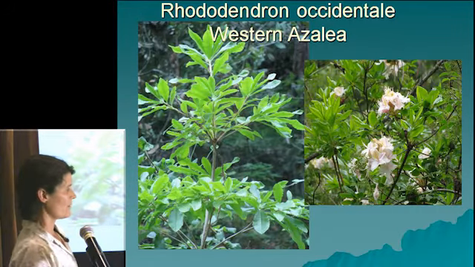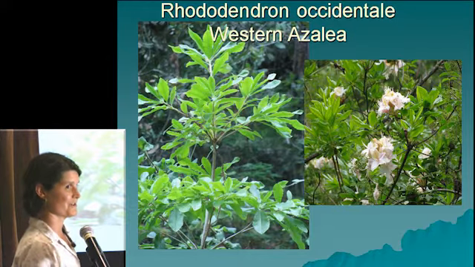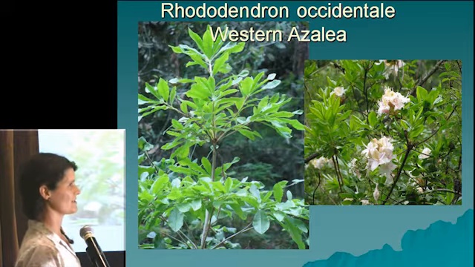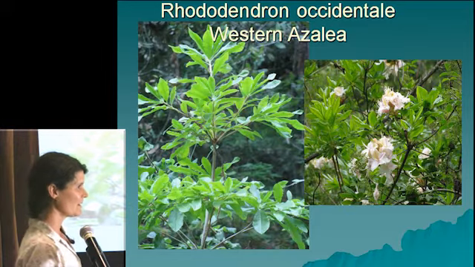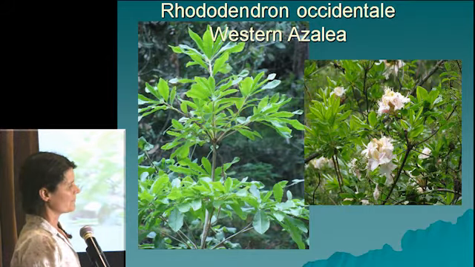Another favorite, Rhododendron occidentale, Western azalea. These are just magnificent. They're one of my favorite shrubs. And when I'm walking in the forest, I can actually smell them before I see them. The scent from the flowers is just incredible. They're also deciduous.